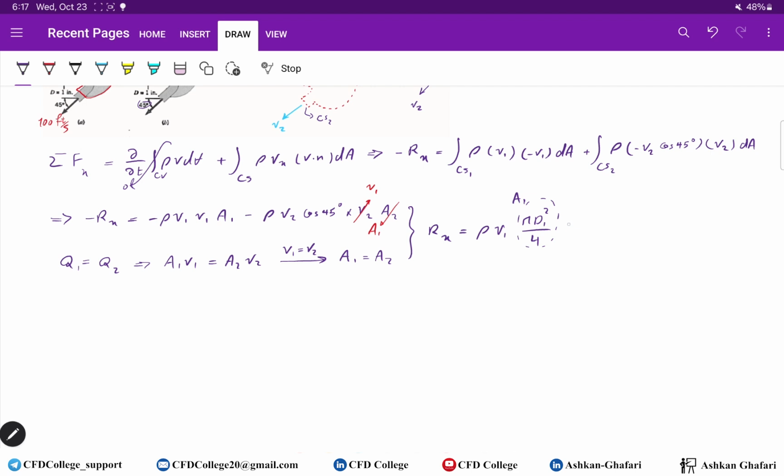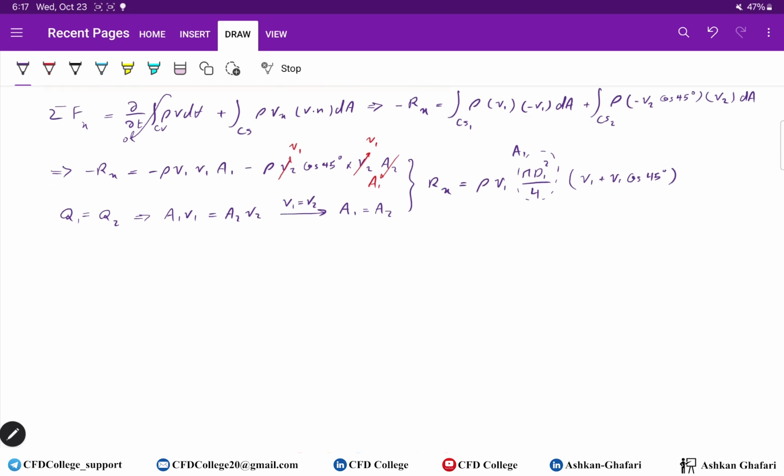And if we factor out this, we will have V1 plus V1 cosine of 45 degrees. Actually, this is also V1. Now we can find Rx.